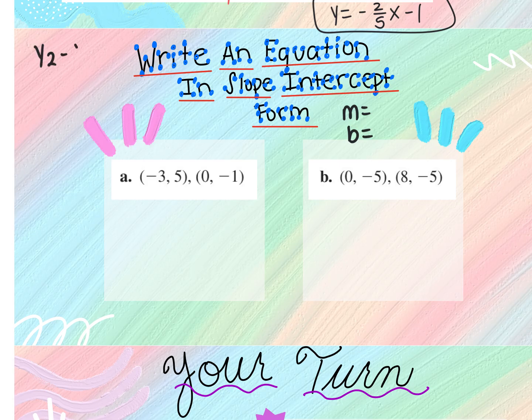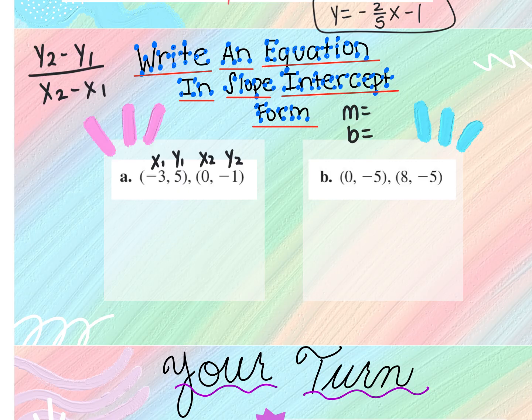y2 minus y1 over x2 minus x1. This first ordered pair, the negative 3 is your x1. The positive 5 is your y1. 0 is your x2. Negative 1 is your y2. So let's do the math here.